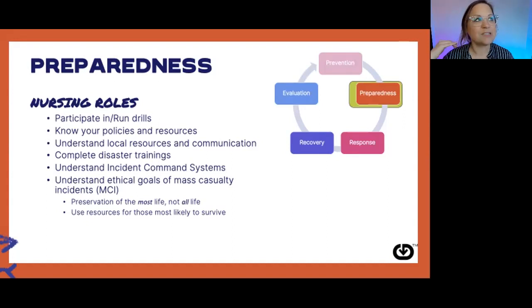And so it is this utilitarian, kind of dystopian feel, really talking about the preservation of the most life possible, not all life. And so we have to channel our resources to those who are most likely to survive in those situations. And that is a really big ethical dilemma, switching our whole philosophy of practice in those times. And so wrestling with that is part of what we do as nurses to prepare for disasters.